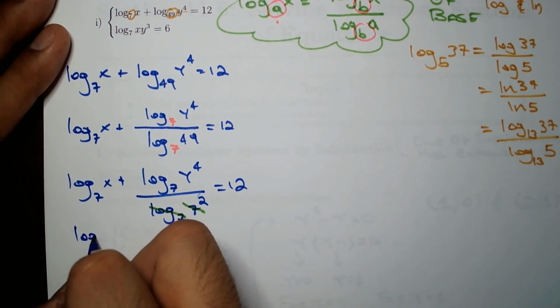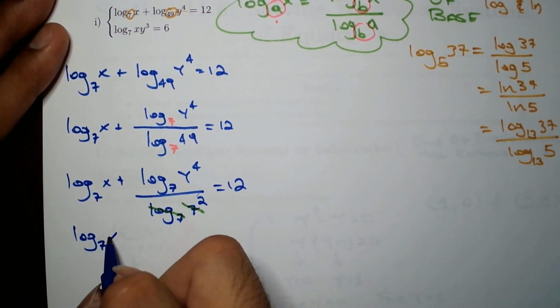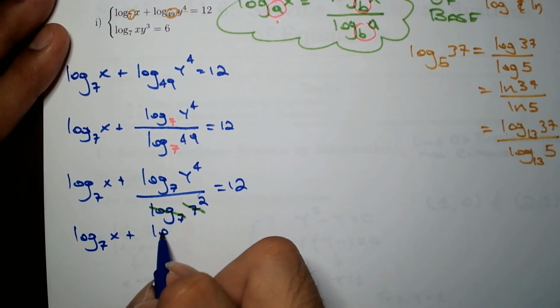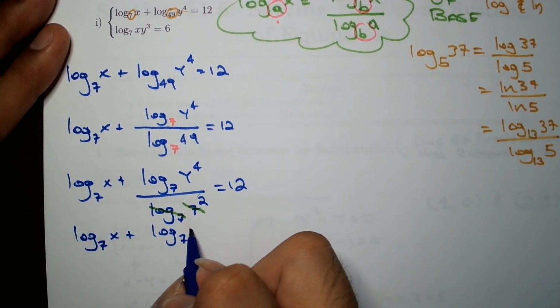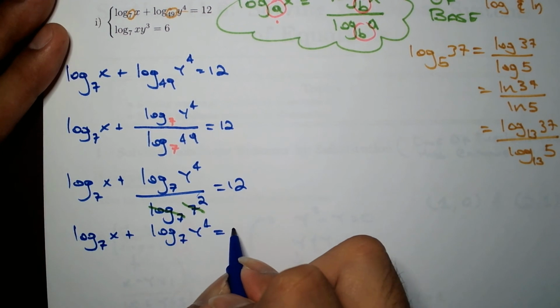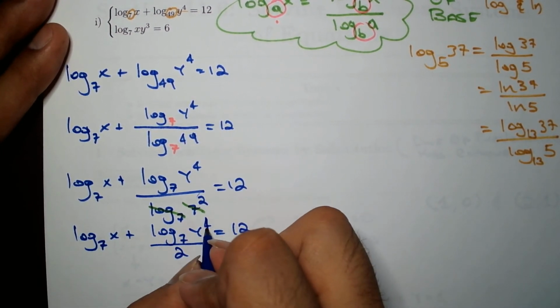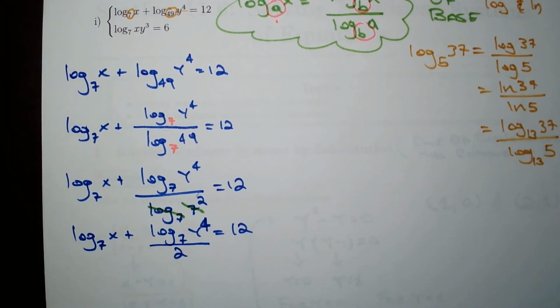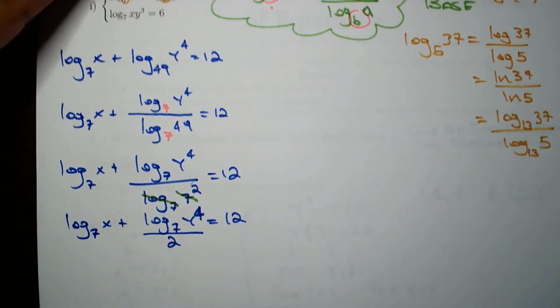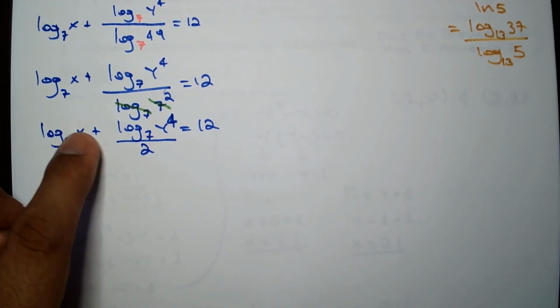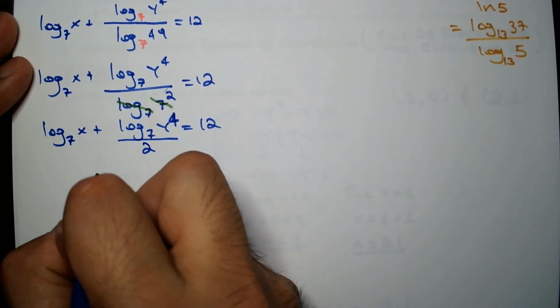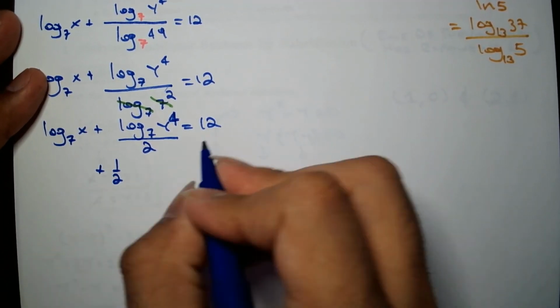So log base 7 of x plus log base 7 of y to the 4th power equals 12. But don't forget this 2 in the denominator. Keep in mind that dividing by 2 in this case is the same as multiplying by 1/2.